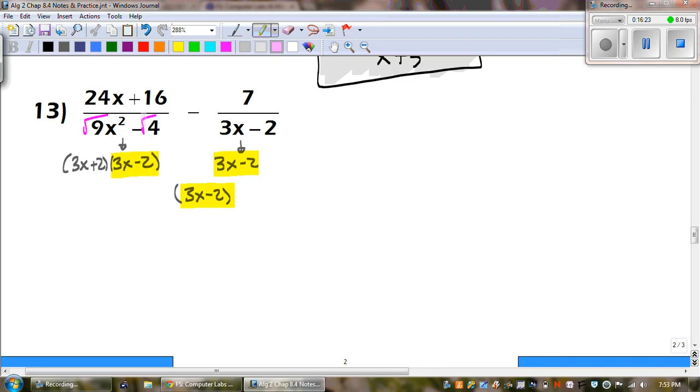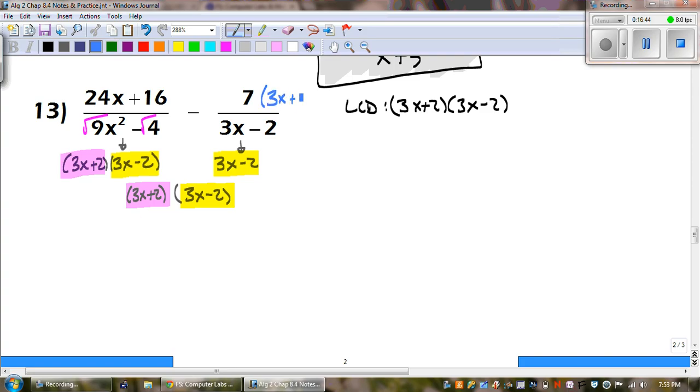What don't they have in common? Well, they don't have that 3x plus 2. So our LCD is those two combined, the 3x plus 2, 3x minus 2. The only one that I have to multiply is the one on the right because we need to multiply it by the 3x plus 2.